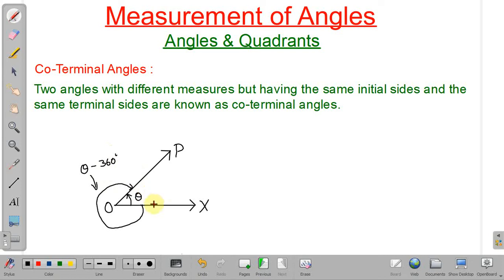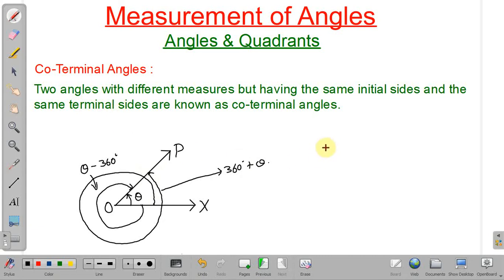Similarly, if we consider this point and rotate like this and then this, we have rotated completely, so 360 degrees plus theta is also a co-terminal angle.